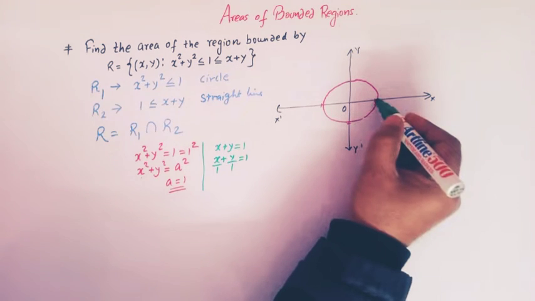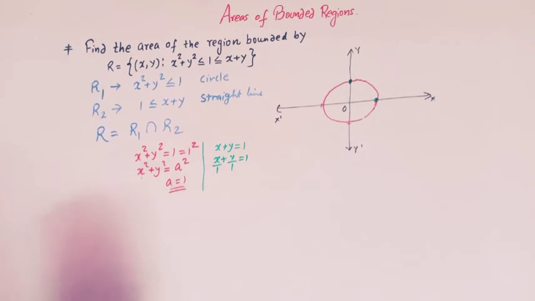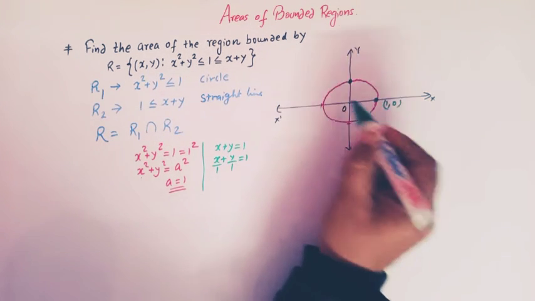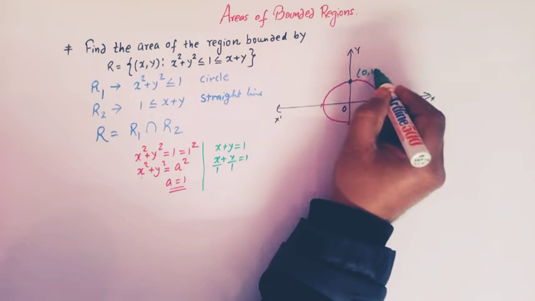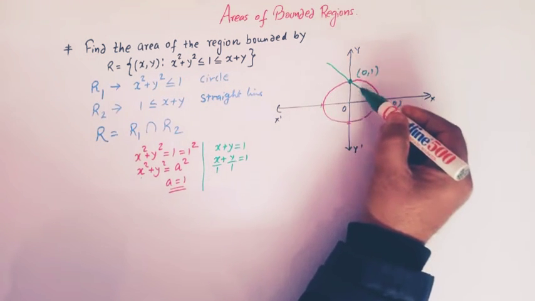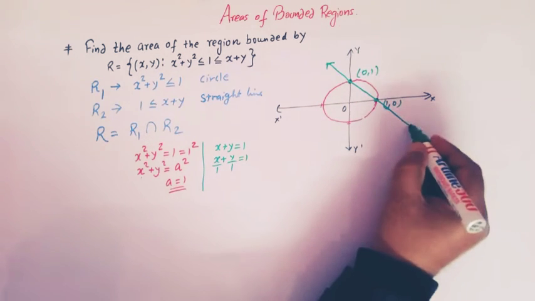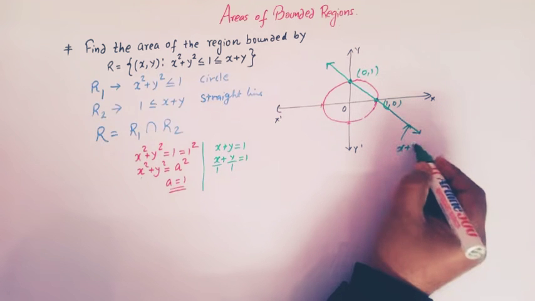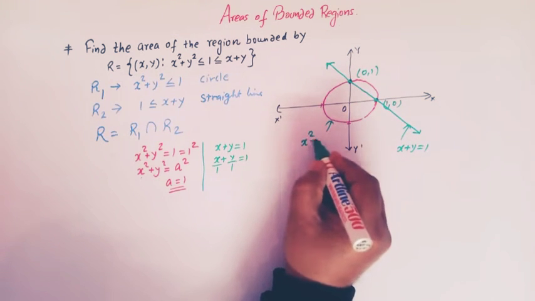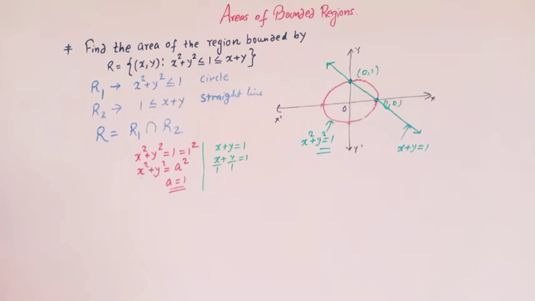So this line must pass through these 2 points, that is 1 comma 0, and 0 comma 1, right? So viewers, we have the line like this, and this is the straight line x plus y is equal to 1, and this is the circle x square plus y square is equal to 1.